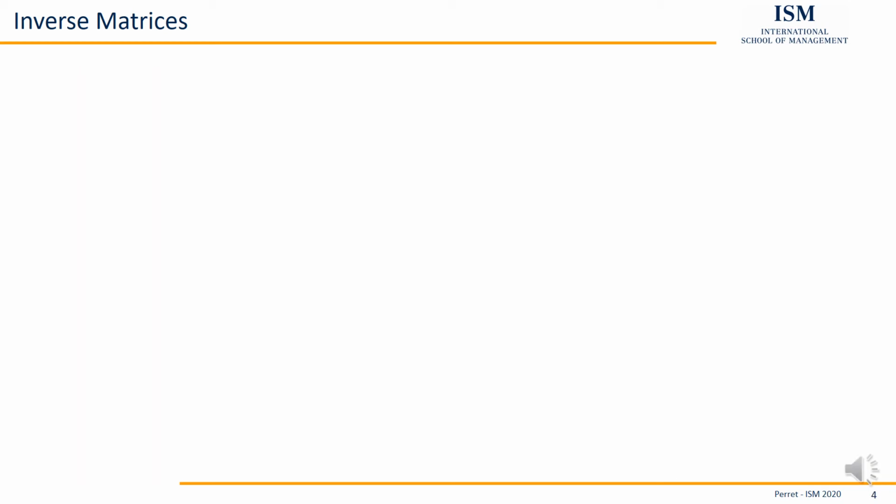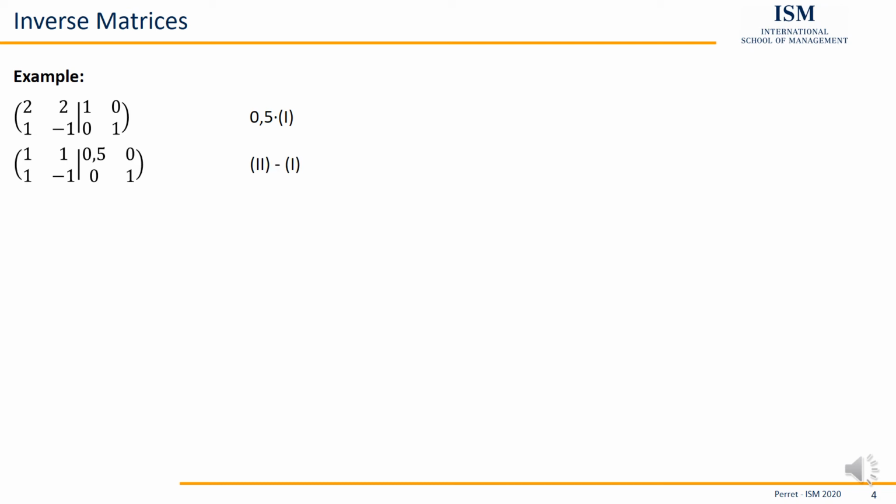So if we take the matrix we had on the slide before as an example, the first step we can do to make this a bit easier is multiply the first row by 1/2, or rather divide it by 2, making it easier to proceed, because then we can simply subtract the first row from the second, giving us this result.